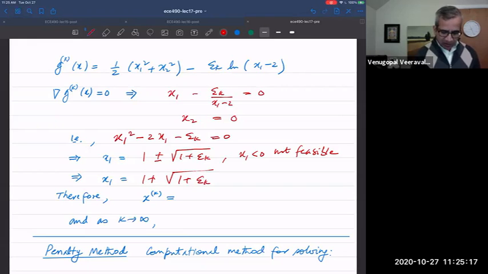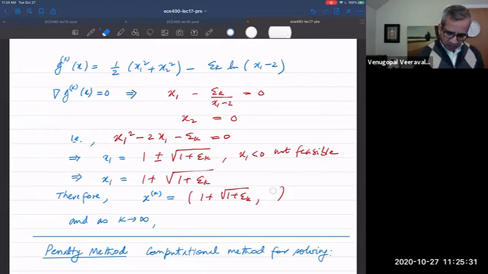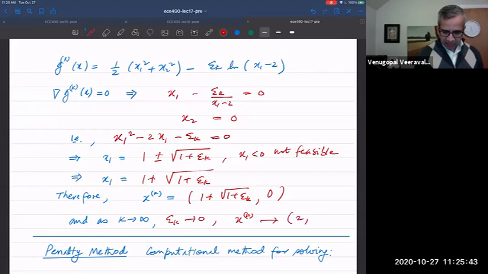So the solution to minimizing g k, the function with the barrier, is 1 plus the square root of 1 plus epsilon k, and 0 for x2. As k goes to infinity, epsilon k goes to 0, and xk converges to x star, like it should.